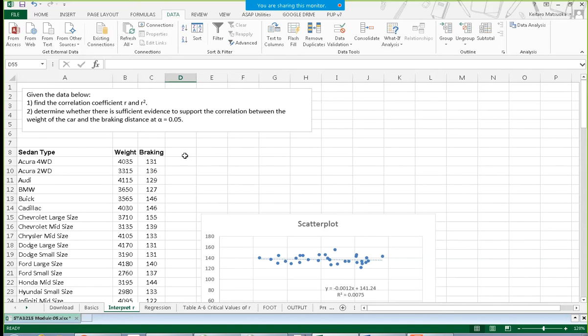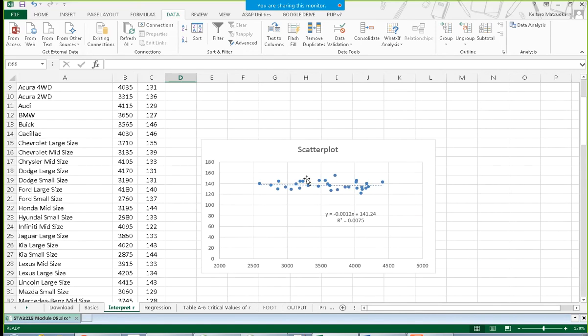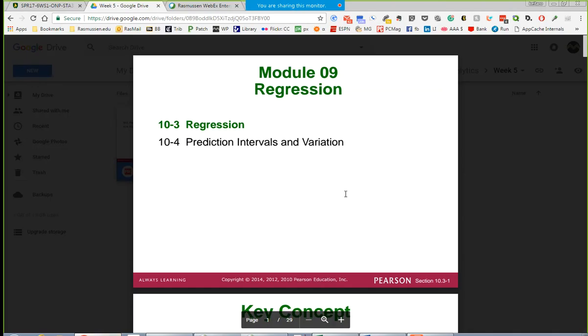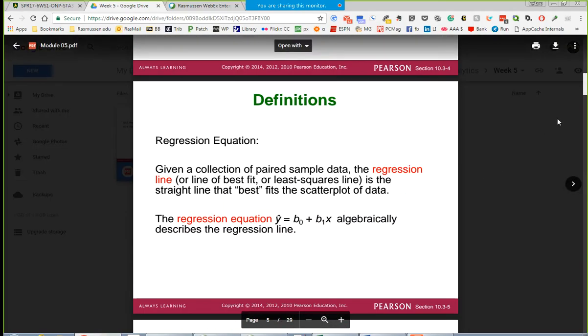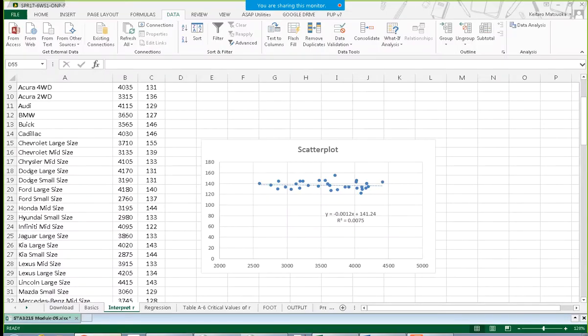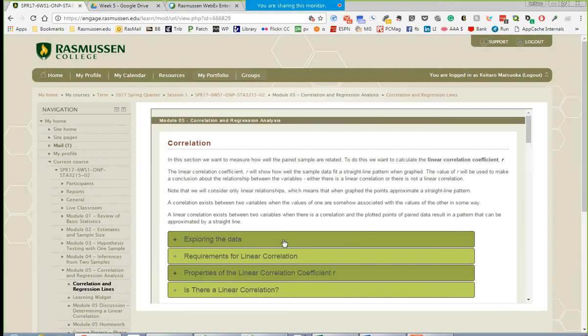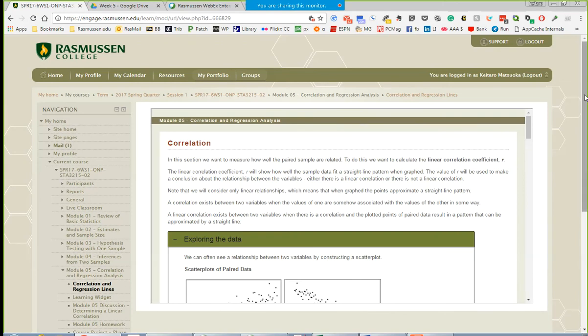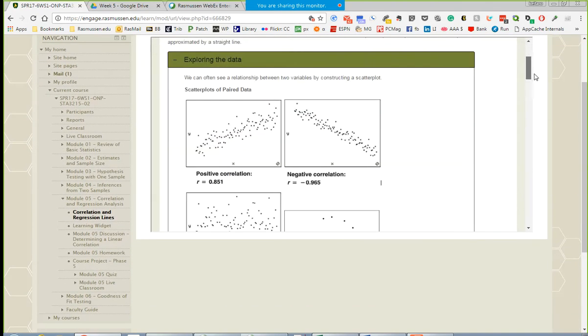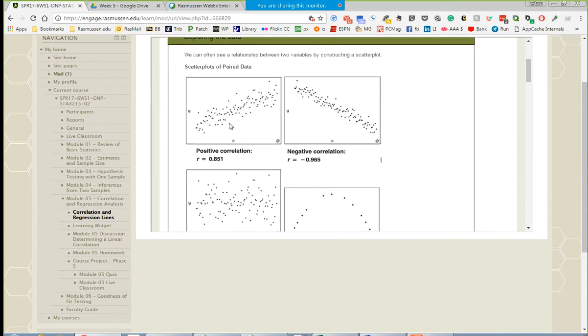One thing you should be able to do is create a scatter plot like this, because if you do the reading in the lecture notes, one way to explore data is to plot a scatter plot like this.